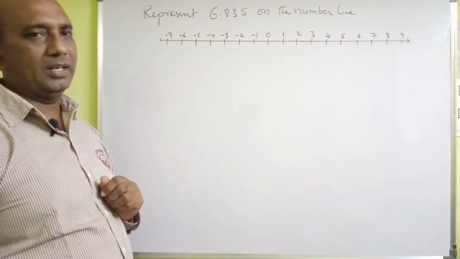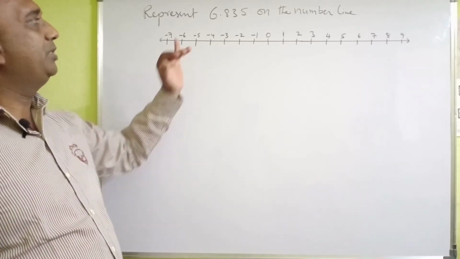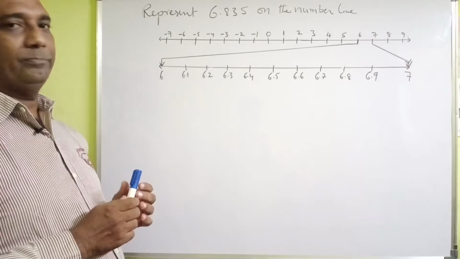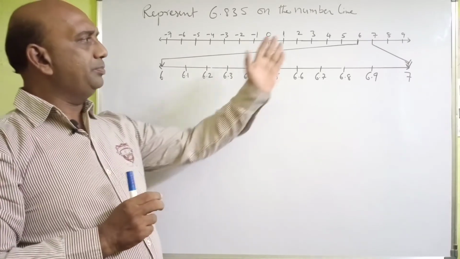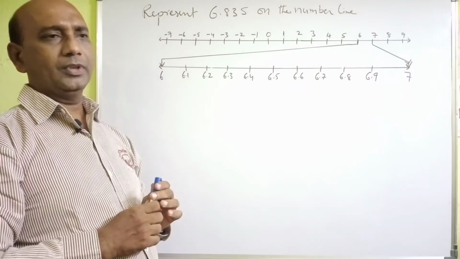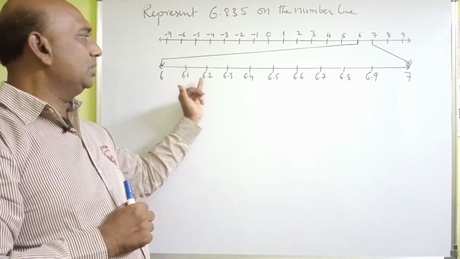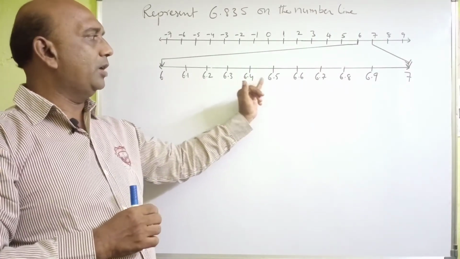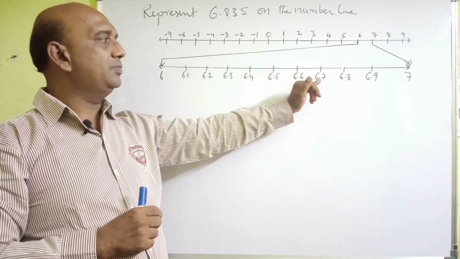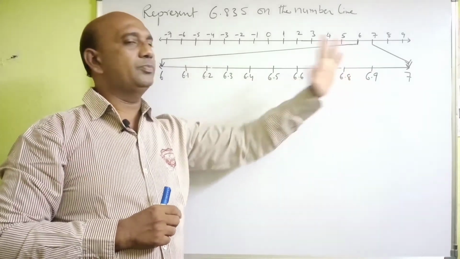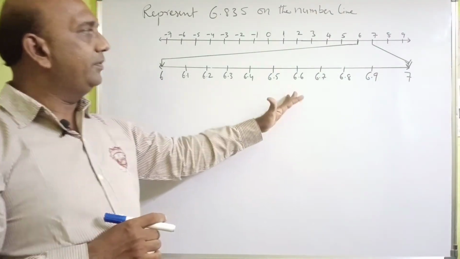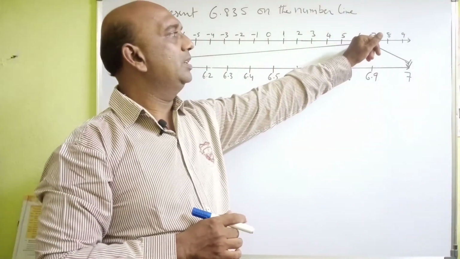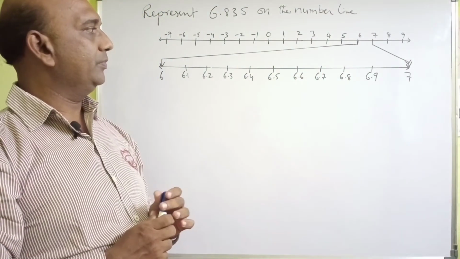The rational numbers between 6 and 7 are 6.1, 6.2, 6.3, 6.4, 6.5, 6.6, 6.7, 6.8, 6.9. So, this is the number line with the rational numbers between 6 and 7.